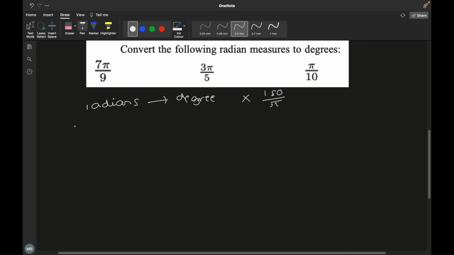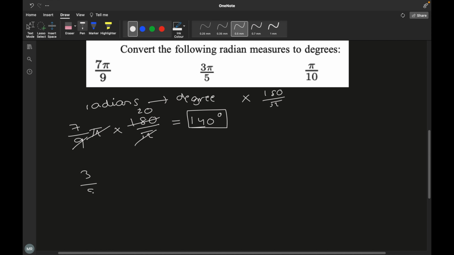Okay, so let's solve the first one. 7 by 9 pi into 180 by pi. The pi and pi get cancelled. Then 9, this will be 20. Yeah, 20. So that will be 140 degrees. So this is our first answer.